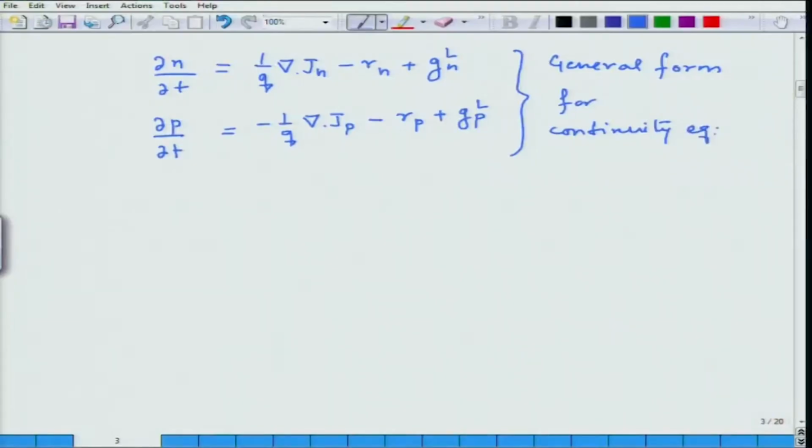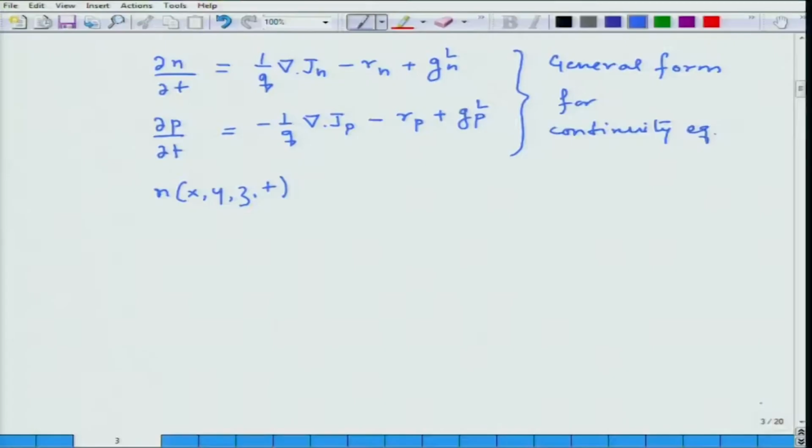Now, this is the starting point for analyzing the devices. If I need to know in a device what the behavior is, I would need to solve these equations and try to figure out what is the change in x, y, z concentration of carriers as a function of where it is and as a function of time.